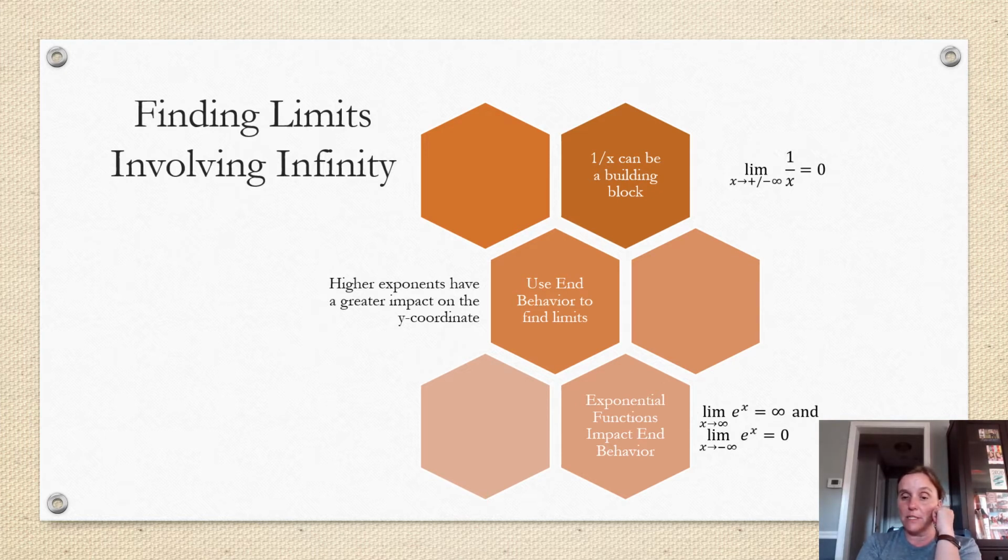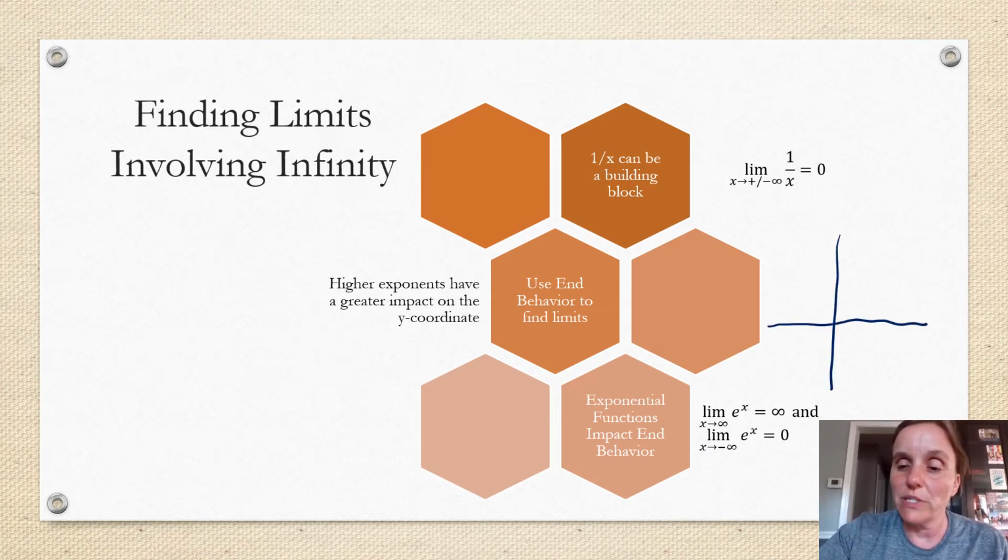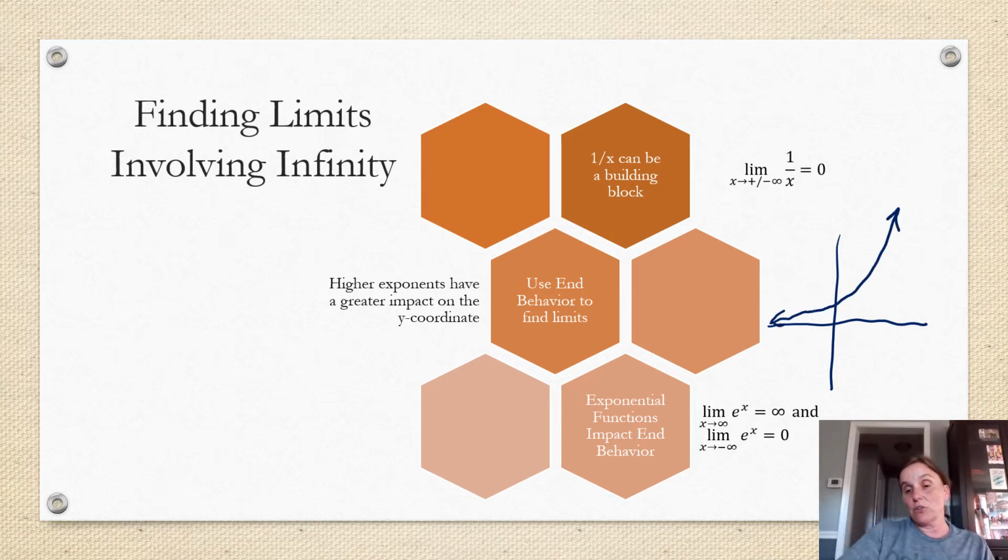The other thing is that exponential functions impact end behavior, but exponential functions are kind of special. They have different behavior on both ends. So if I sketch a picture of the e to the x function, maybe you'll see why. E to the x, remember, starts out really small and then goes shooting up. And so as x gets bigger, in this direction, my function is approaching infinity.